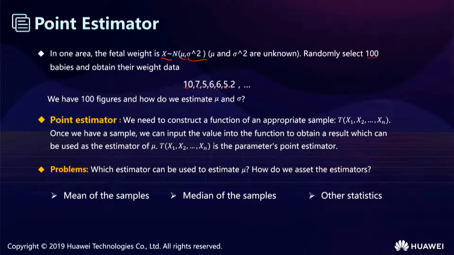Now we have the 100 data points, and how do we estimate their mean value and variance value?